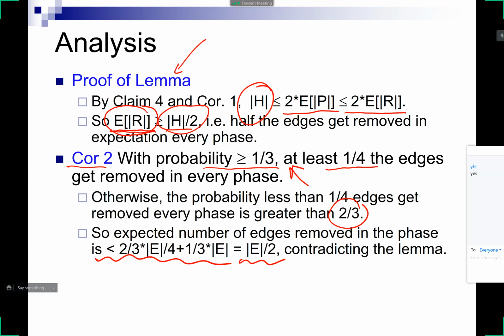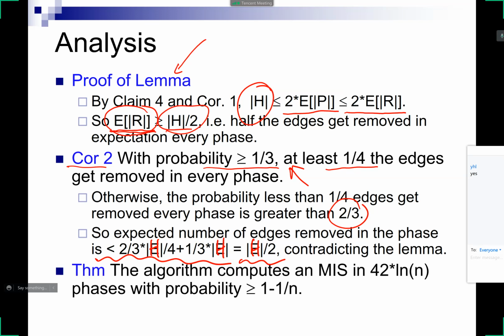Oh, I'm sorry, I should not write E here. I should write H, because I was using H for the set of edges. So therefore, with at least 1/3 probability, you take out at least 1/4 of the edges in every phase.